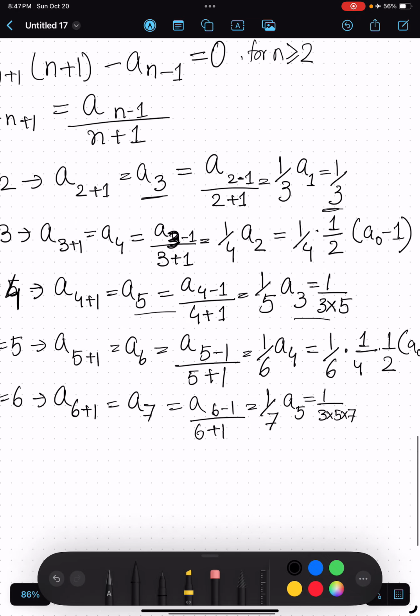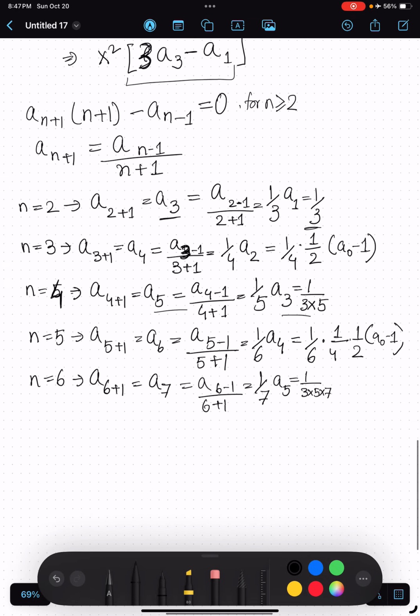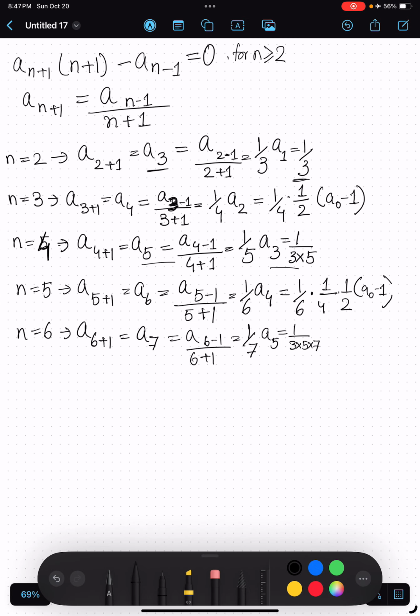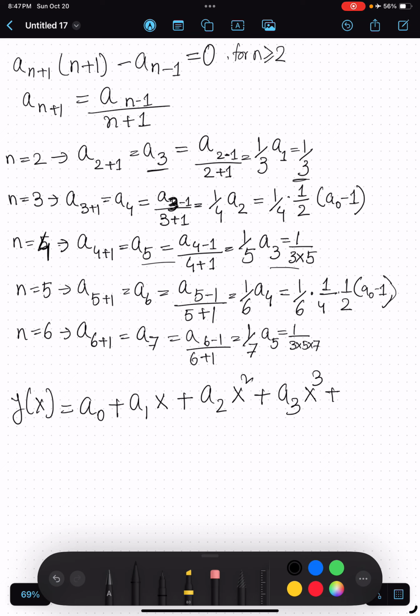Alrighty, so now let's combine all of these values together since we have all the necessary terms that we needed. So my solution would be a sub 0 plus a sub 1 x plus a sub 2 x squared plus a sub 3 x cubed plus a sub 4 x to the power 4 and so on.